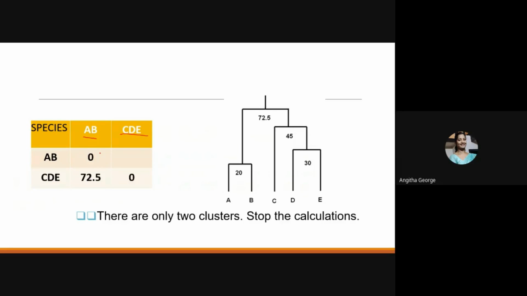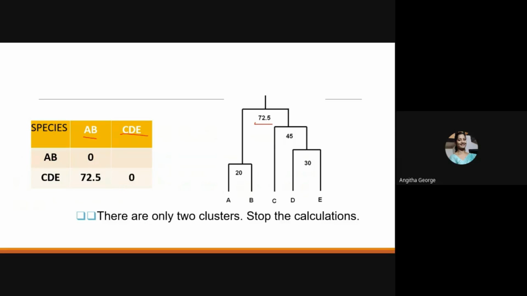And you have to check whether the newly generated distance matrix has 2 or more clusters. So here it contains only 2 clusters. So that means we have come to the termination condition. So we can stop here. So I can group CDE to AB with the distance 72.5.